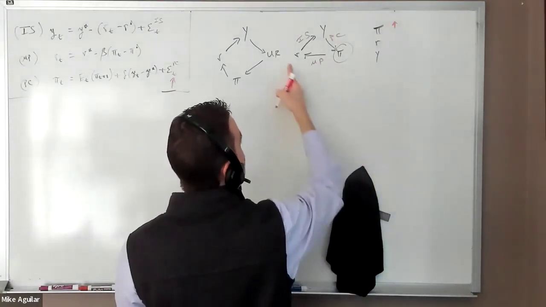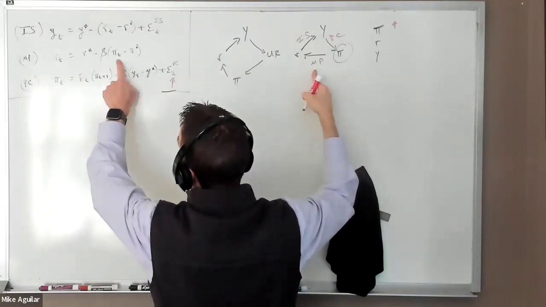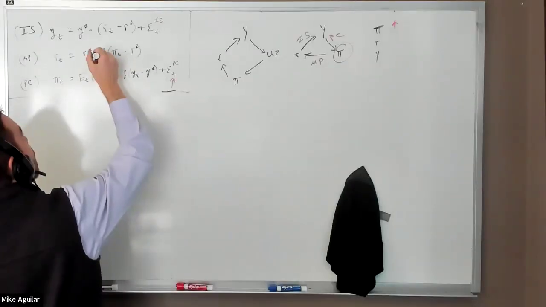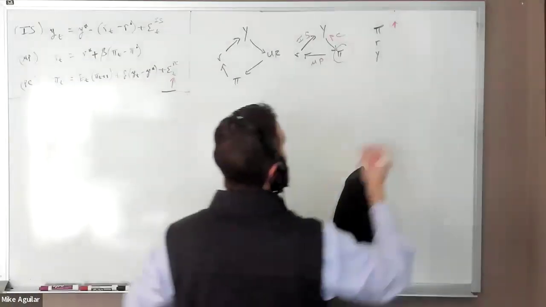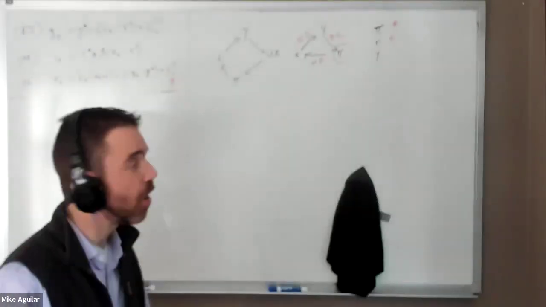Well, then how's the connection to r? Monetary policy: if inflation goes up, we're going to see an increase. That should be a plus. An increase in the real interest rate to quell inflation, to bring it back to target.